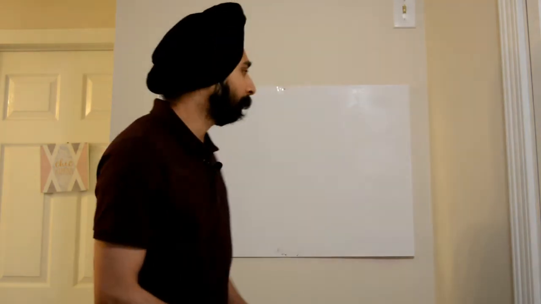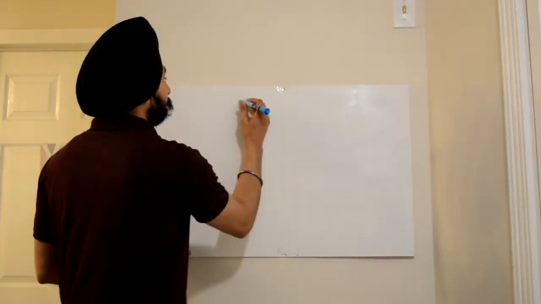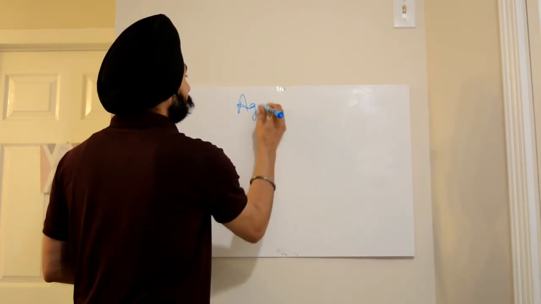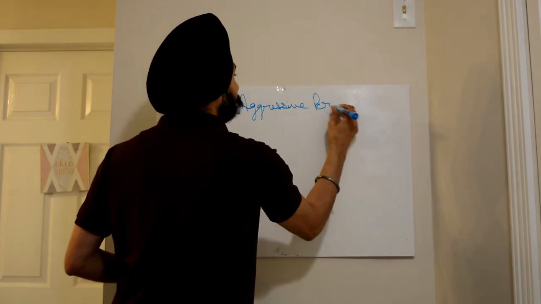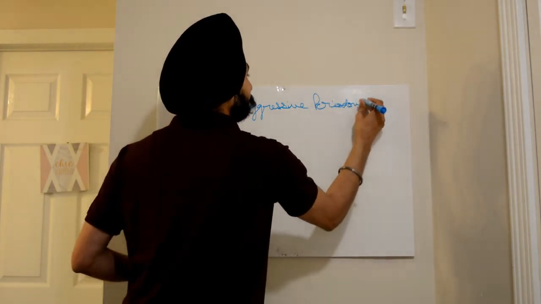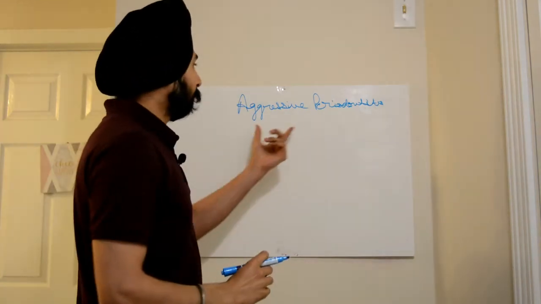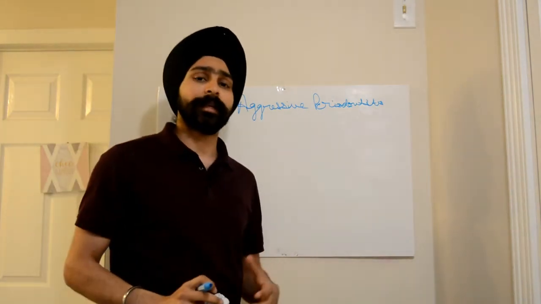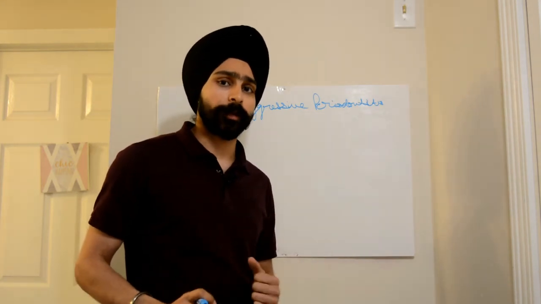Friends, the next condition is very important because it's somewhat confusing and people find it difficult to differentiate between the types of this lesion. The next condition is aggressive periodontitis. Friends, aggressive periodontitis is basically a disease of less than 30 years of age.